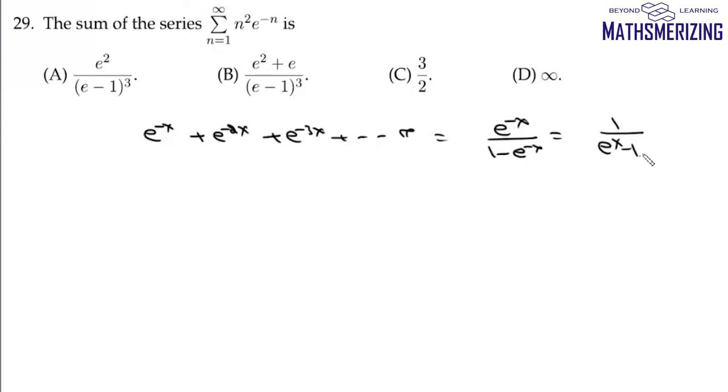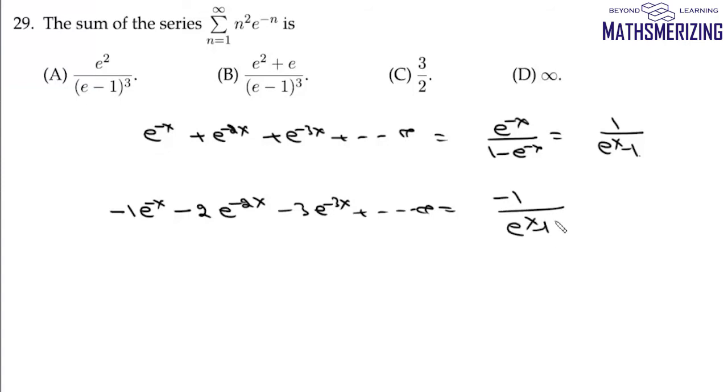Now what we'll do is we'll differentiate it once. We'll get minus 1 into e to the power minus x, minus 2 into e to the power minus 2x, minus 3 into e to the power minus 3x, and this series will continue, and here it will be minus 1 upon (e to the power x minus 1) whole square into e to the power x.